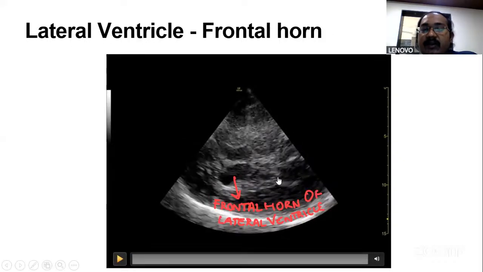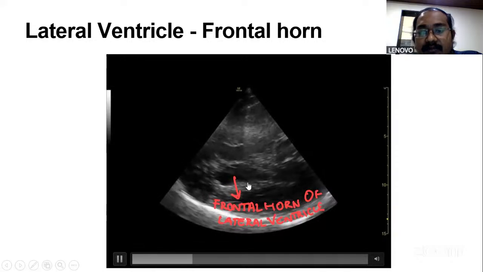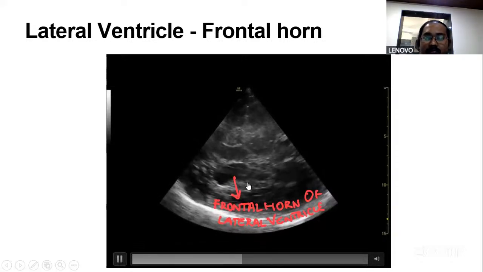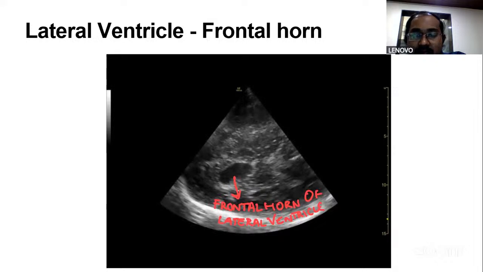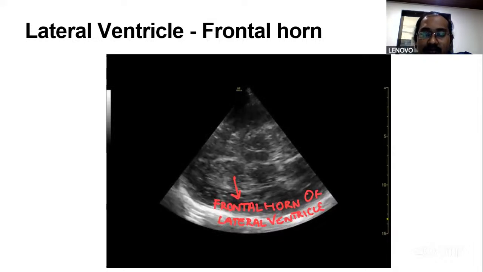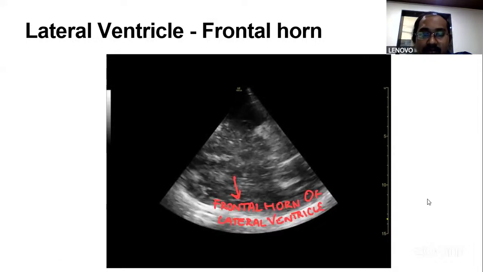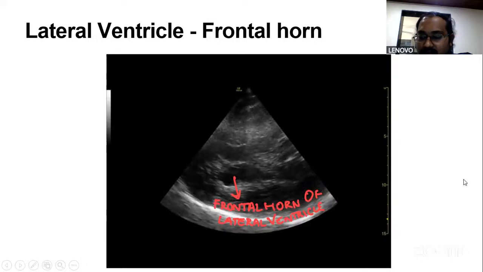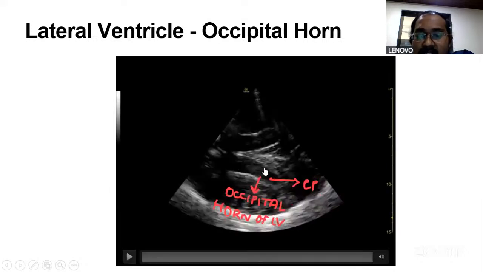The lateral ventricles will have frontal horns and occipital horns. So this is the frontal horn, you can see. So these are the occipital horns of the lateral ventricle, the posterior part of the lateral ventricles.